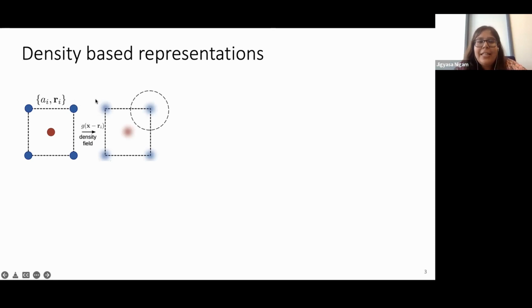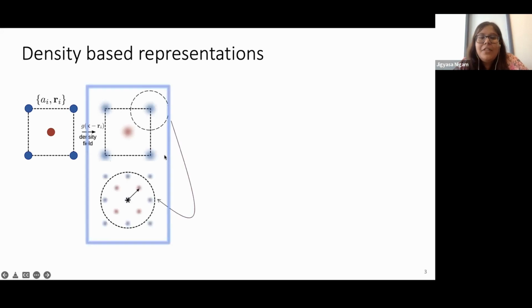So you start by assigning a localized function, could be a Gaussian, could be a Dirac delta, anything. And then here, for each atom in your structure, you construct a localized environment around it. So in this environment, you're seeing other atoms in your structure, right? So for each central atom, you one by one enumerate all the neighbors present in your system.